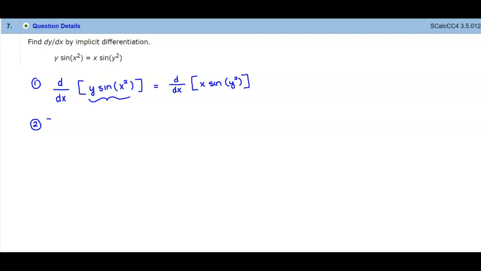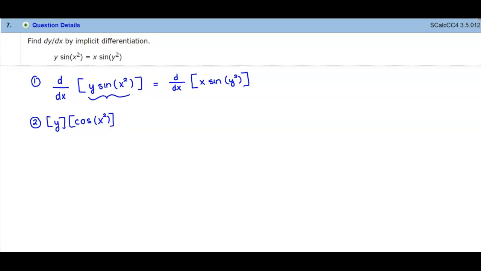So if we take y times the derivative of sine x squared, which is the cosine of x squared, times the derivative of the inside function, we know that the derivative of the inside function x squared is 2x.